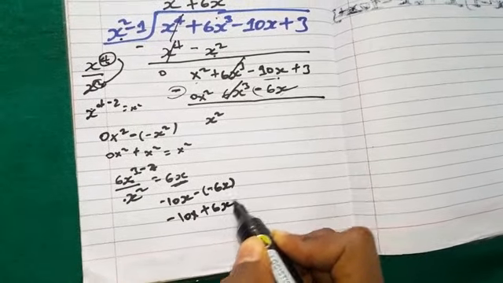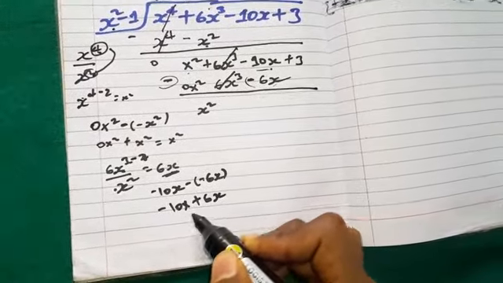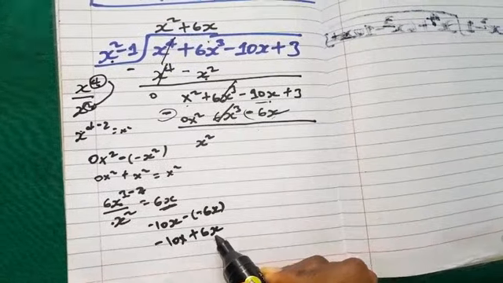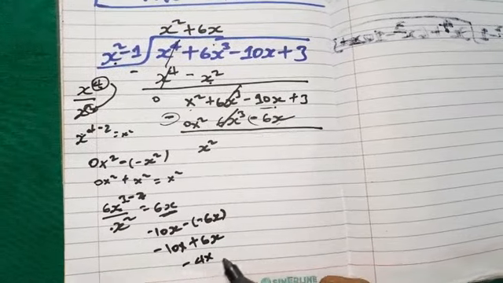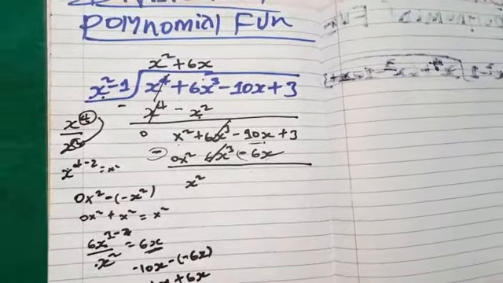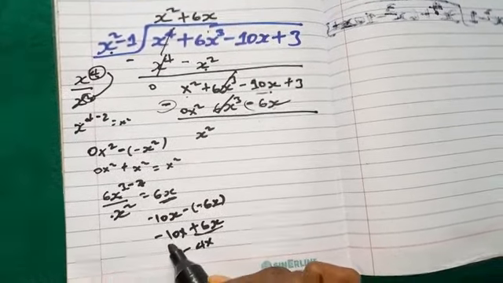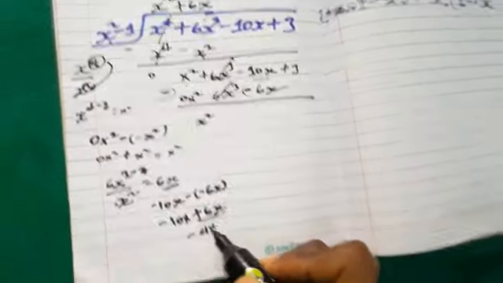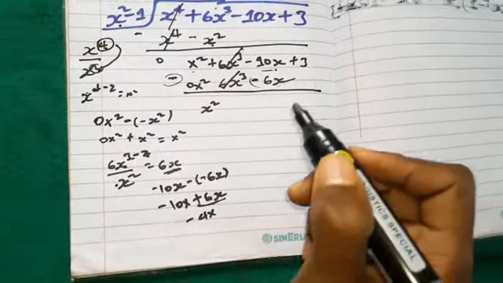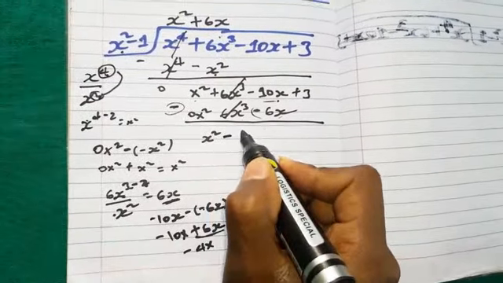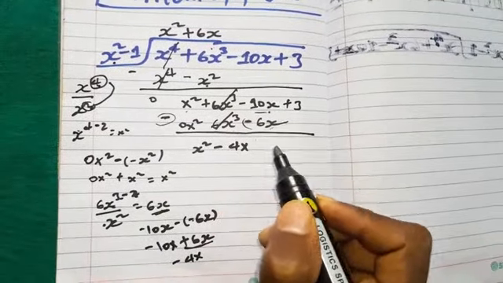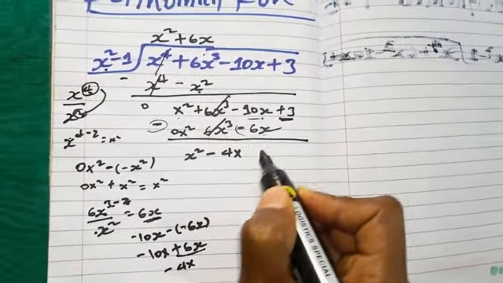So minus 10x plus 6x means minus 4x. Then this one is left, plus 3.